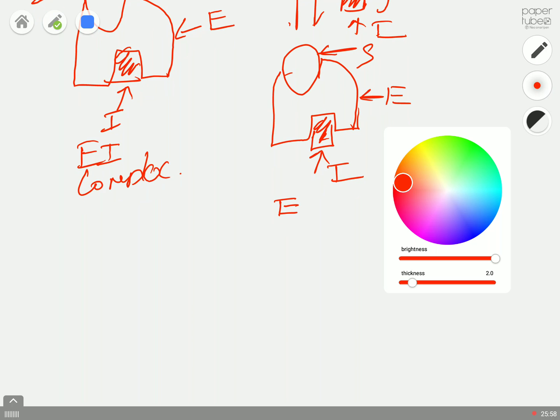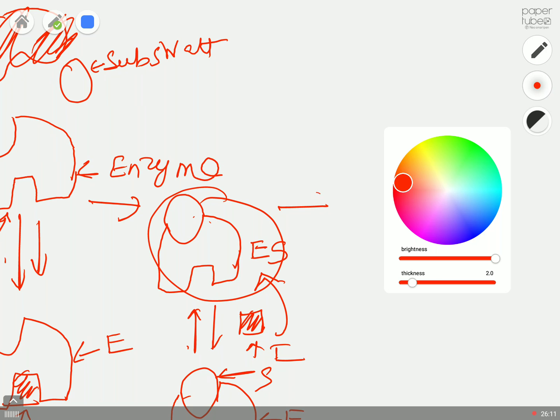So it can form an enzyme substrate inhibitor complex. So both will decrease the rate of your reaction. Say plus product, say this one is your product.